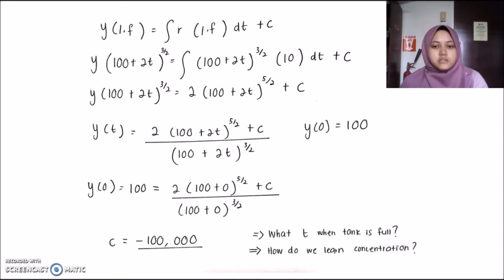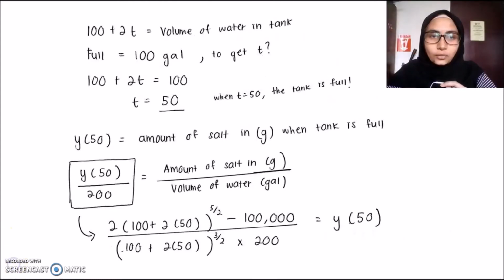So the question is, what is the time when the tank is full? And the second question is, how do we know the concentration? So now we continue to calculate the time taken for the tank to be full and the concentration of the solution when the tank is full.